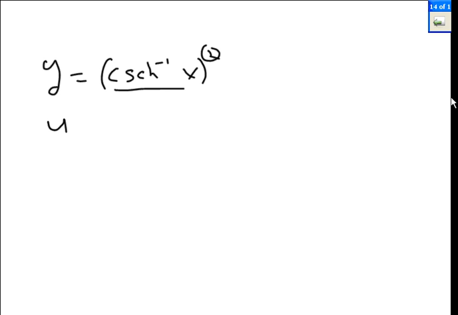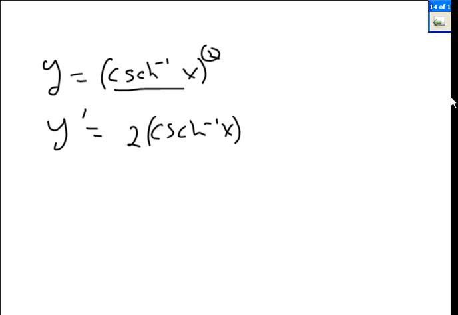Ask you to find the derivative of this. Y is equal to cosecant hyperbolic inverse. What's a good angle to use? We'll just use x squared. Here's a function to a power. The first part of the derivative is the old method.